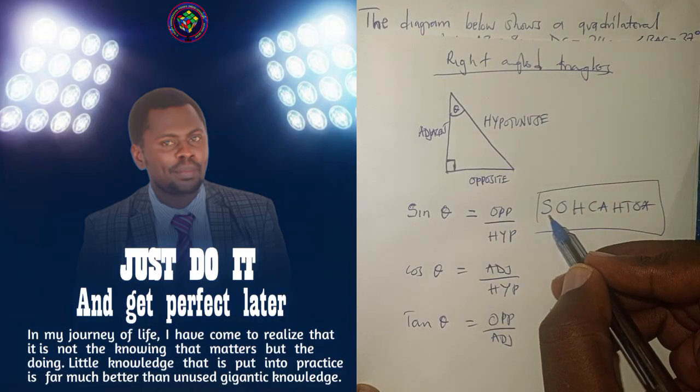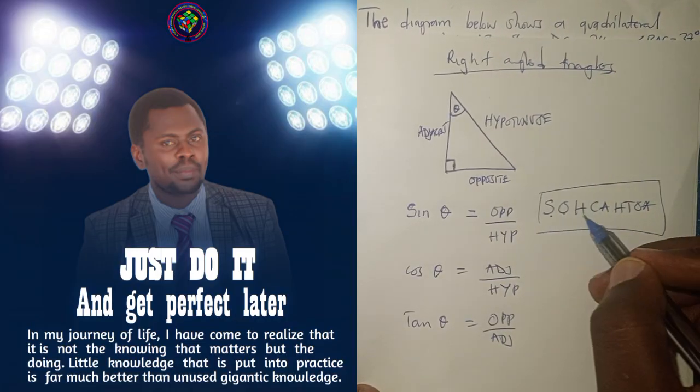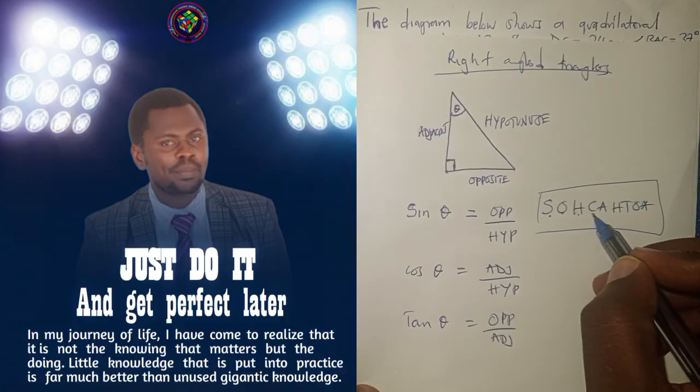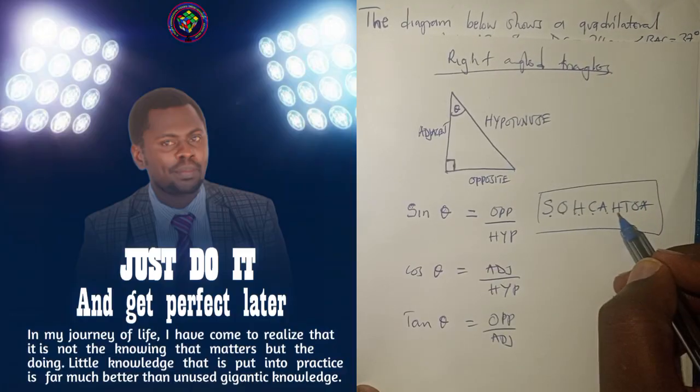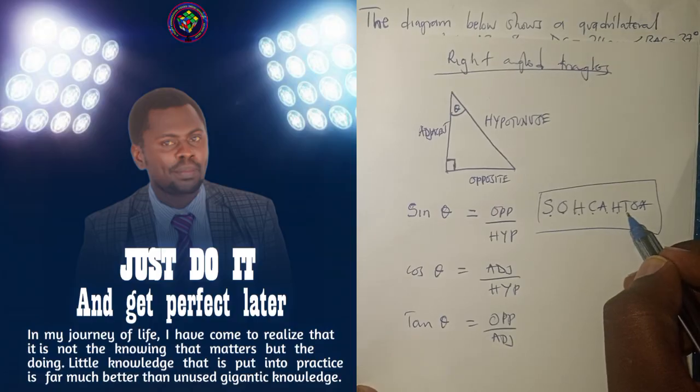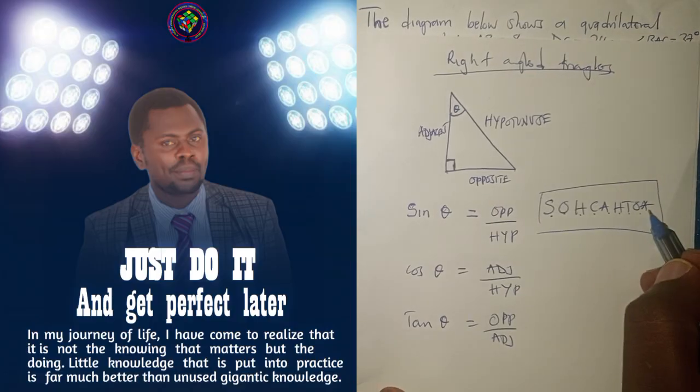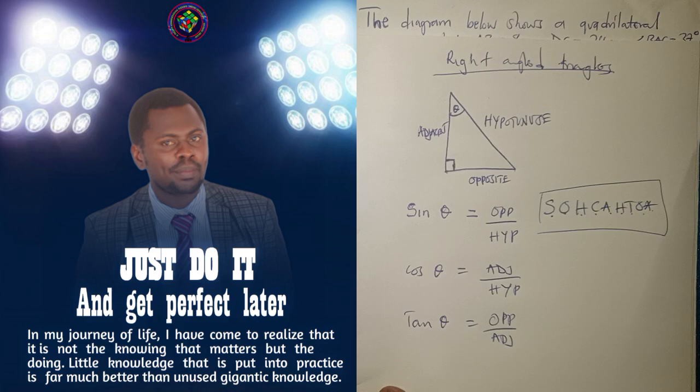S is for sine, O is for opposite, H is for hypotenuse, C is for cosine, A adjacent, H hypotenuse, T tan, O opposite, A adjacent. So these are the trig ratios. Sine of theta is equal to opposite over hypotenuse. Cosine of theta is equal to adjacent over hypotenuse. Tan of theta is equal to opposite over adjacent.